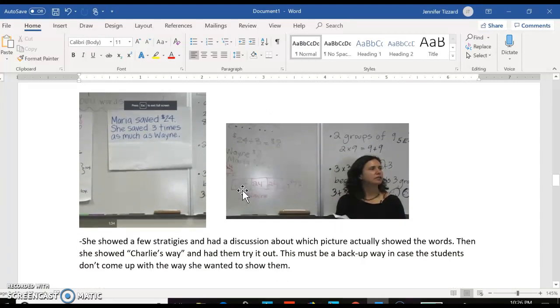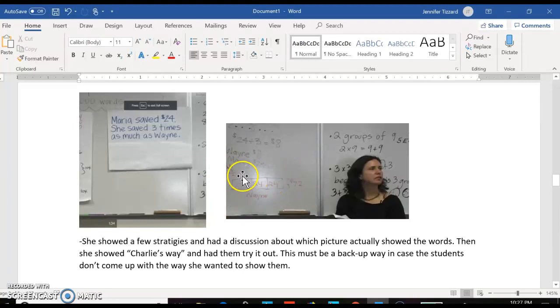I thought the strategy was interesting when she only gave them the information and had them draw from that, and didn't give them a question, but had them come up with questions they thought they would answer. And she gave different examples of the right way and the wrong way to do the pictures.